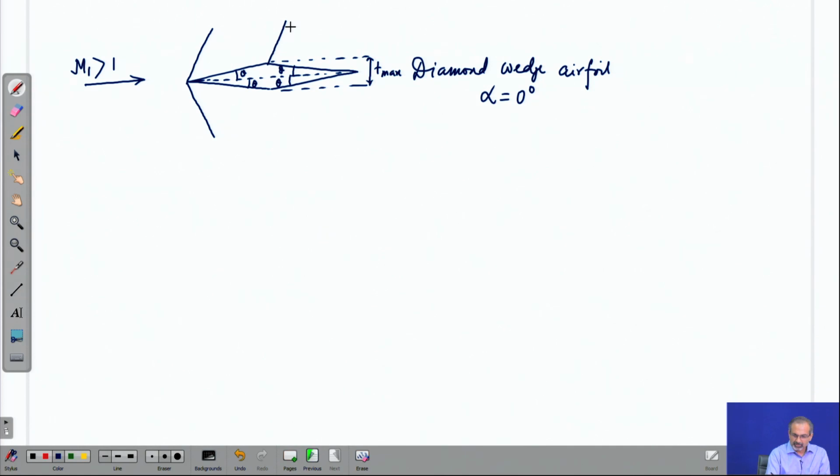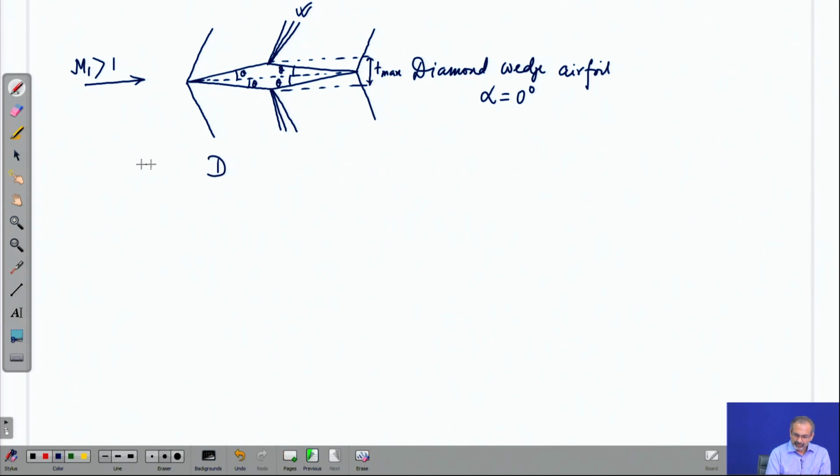At the mid chord, as you can understand, there will be an expansion. The surface is deflecting away from the flow, and again here the flow gets compressed when it reaches the trailing side. So, there are a pair of oblique shocks because of the compression, because the flow is turned into it, while there are a pair of expansions where the flow is turning away.